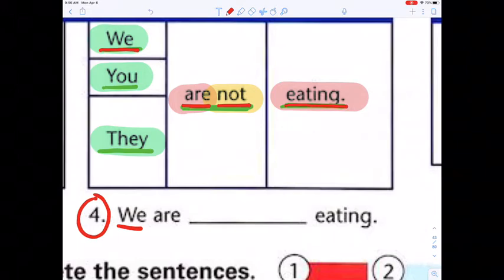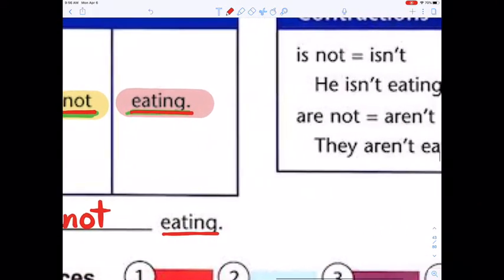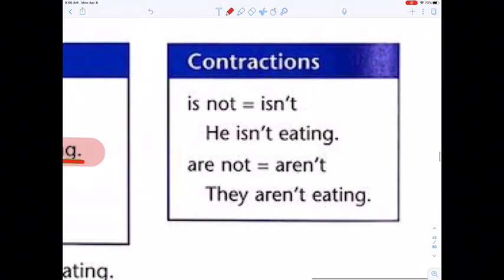So what is missing here? We have we are not eating. Good.